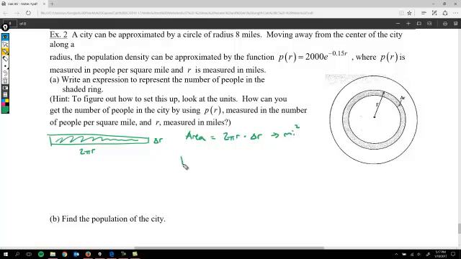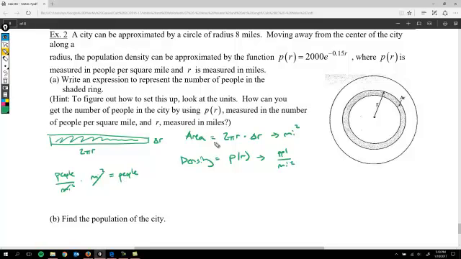Now, my density is given to me by P of r, and that represents however many people I have per mile squared. If I have people over a mile squared, and I multiply it by miles squared, those will cancel, and I'm just left with people.